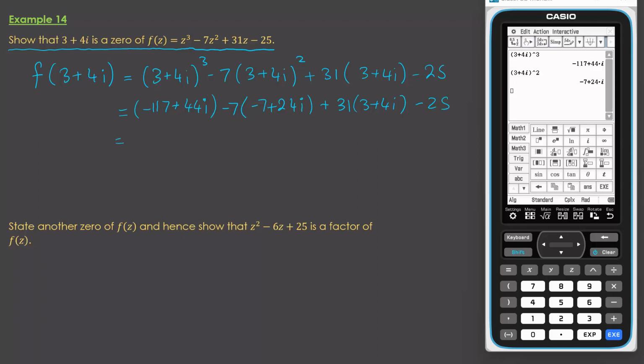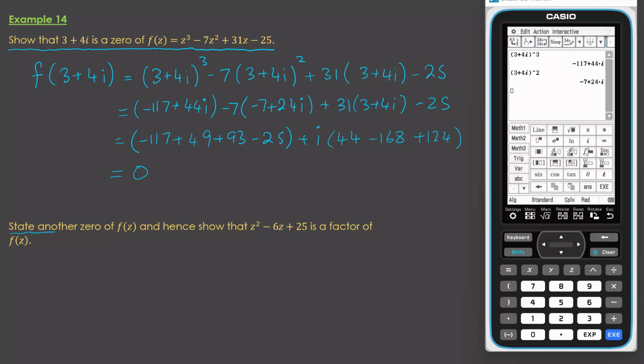So if we gather up all of the real parts, we get negative 117 plus 49 plus 93 take away 25. And if we gather up all the imaginary parts, we get 44 take away 168 plus 124. And that is indeed 0.